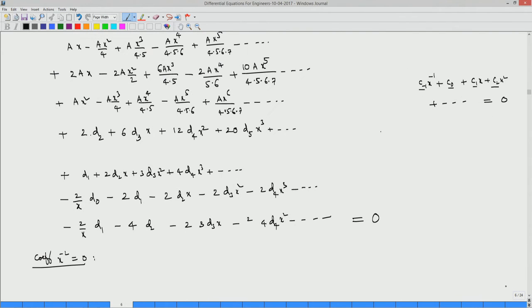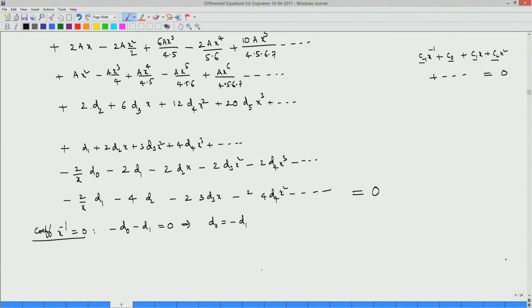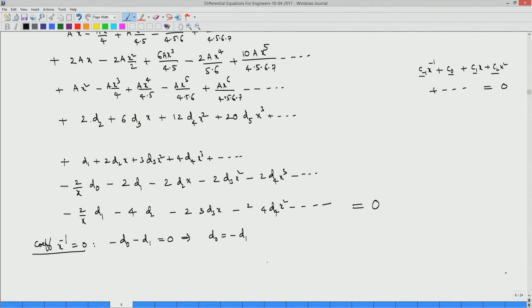So, all these 7 series if you add up is going to be starting from x power minus 1, that is the first term, and then x power 0 next term and so on. So, make x power minus 1 coefficient 0. What is the coefficient of this? You get minus d naught plus minus d1, which has to be 0. So, that will give me d naught equal to minus d1. Okay.